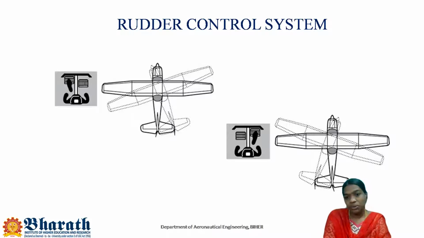In the second one, the pilot presses the right pedal, tending the aircraft to take the right direction. So yaw towards right when the pilot presses the right pedal and yaw towards left when the pilot presses the left pedal. The direction depends on the position of the pilot.